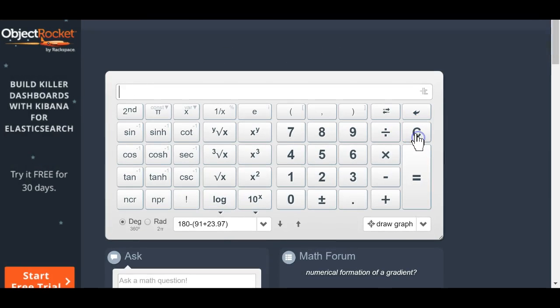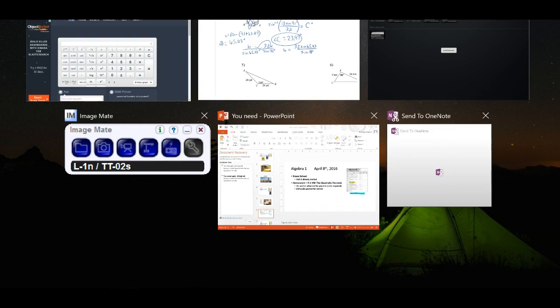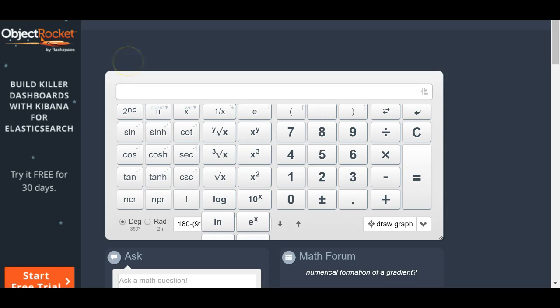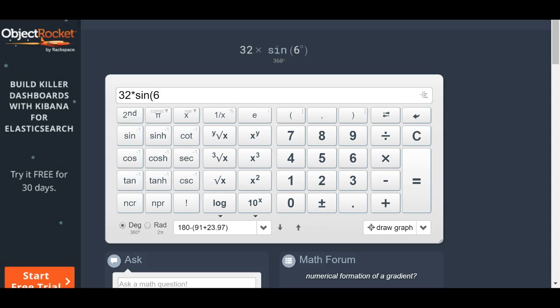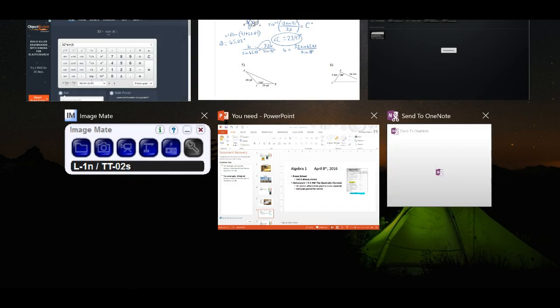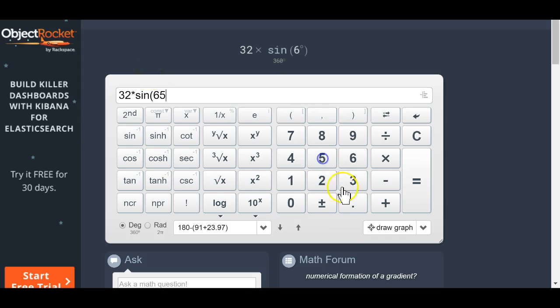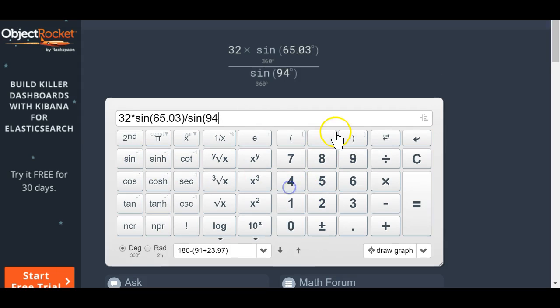Okay, so let's clear this. Okay, so now we're going to do 32 times sine of 65.03, divided by the sine of 91.